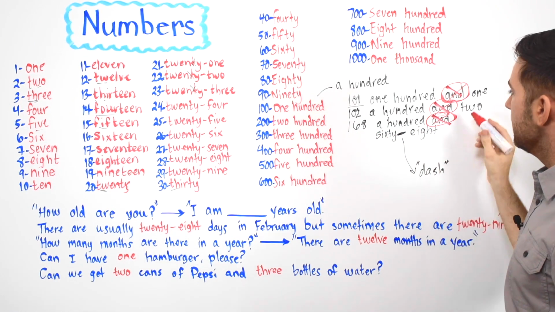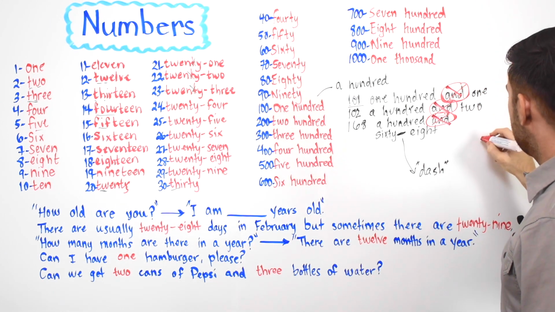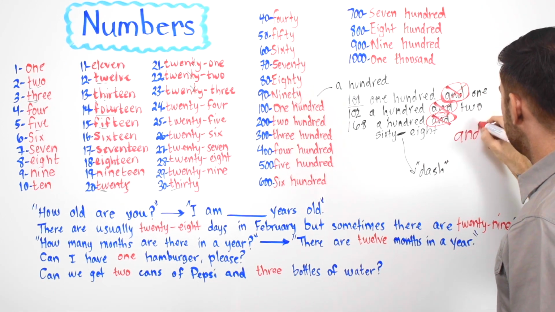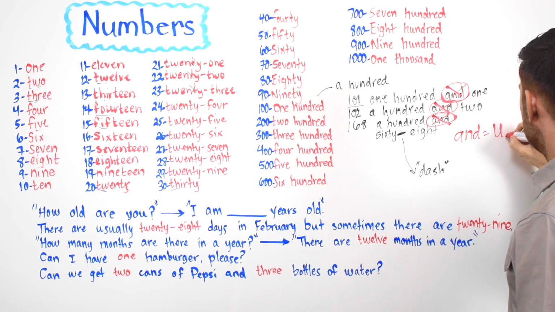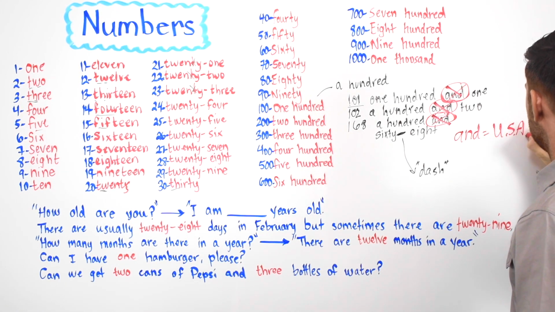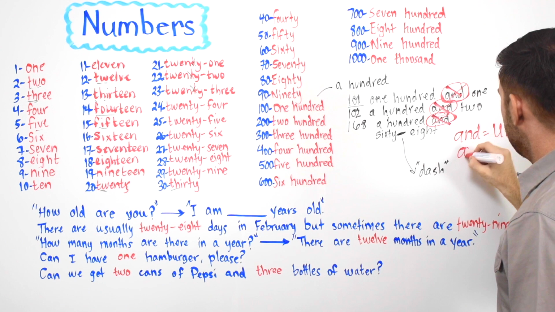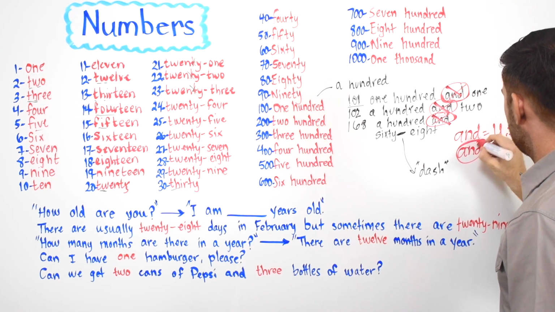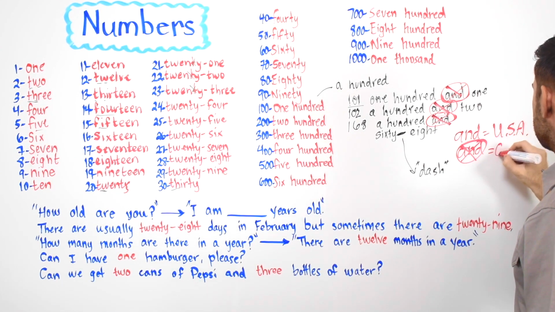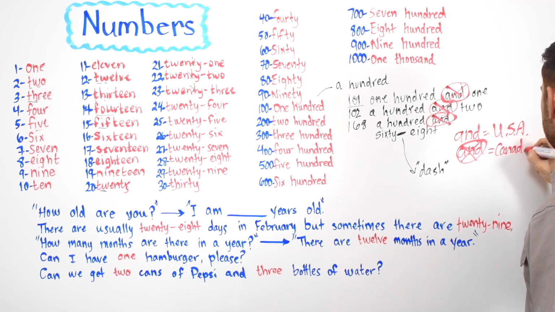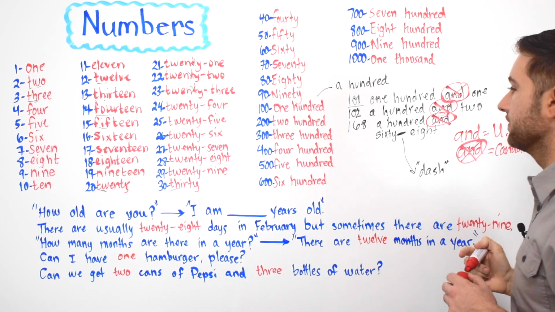Okay? So in the United States, we have an "and." I'll put "and" equals USA, and then I'll put no "and" equals Canada. Okay, maybe England too, I'm not sure.